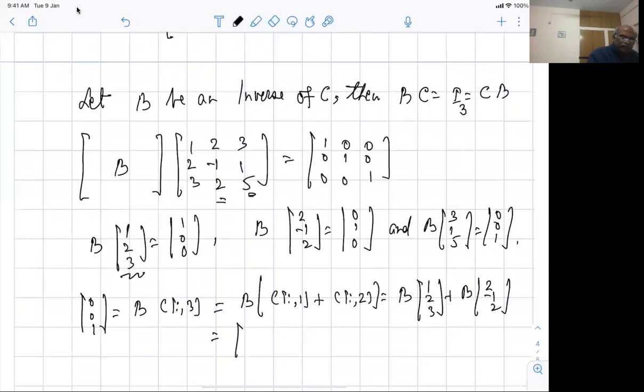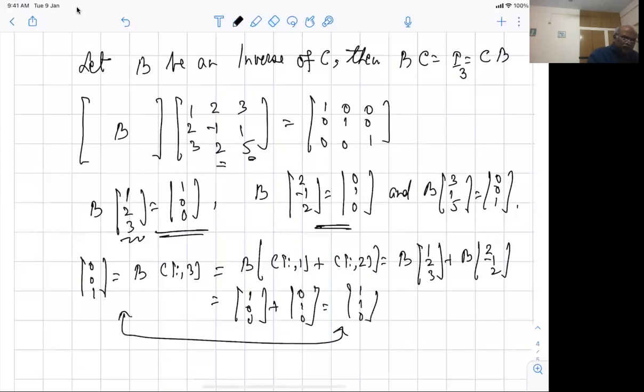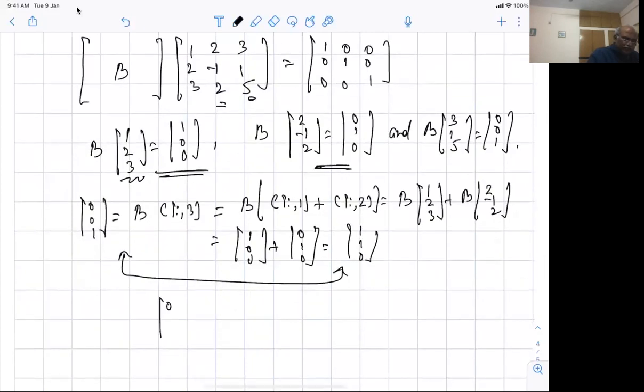Looking from here and here, it is going to be (1, 0, 0) plus (0, 1, 0), which is equal to (1, 1, 0). So if you relate these two, you are saying that this vector or this matrix is the same as this matrix. So there is a contradiction.